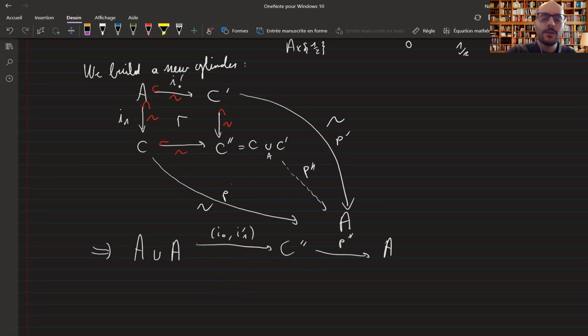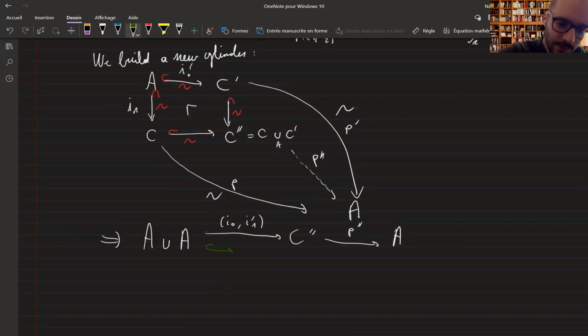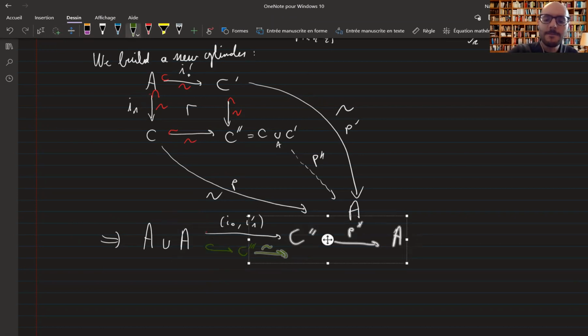It's not necessarily a cofibration, but if it is not, you factor it. All right, sorry. You factor it as a cofibration followed by an acyclic fibration, and this would be C third. And so this will be the first part of your cylinder, and this will be the second part.